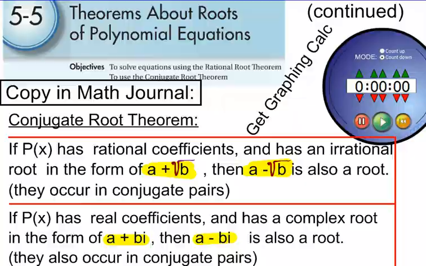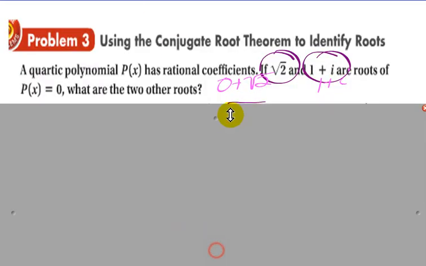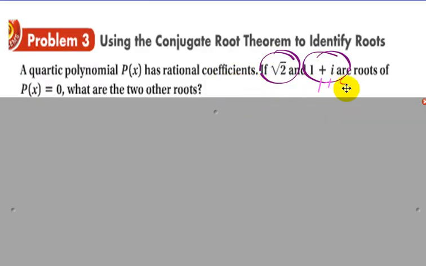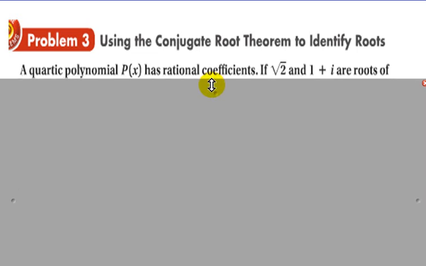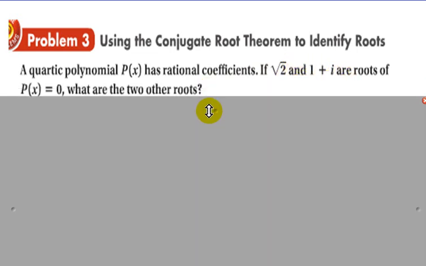So let's look at what this looks like. It says a quartic polynomial p of x has rational coefficients. If radical 2 and 1 plus i are roots of p of x equals 0, what are the other two roots?